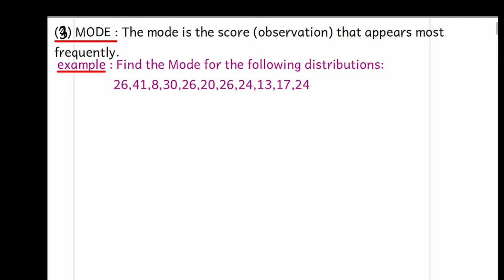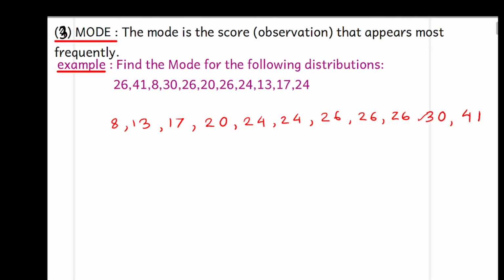First of all, this one also we have to arrange in ascending order, then it will be clear. When we arrange in ascending order, it will be 8, 13, 17, 20, 24, 24, 26, 26, 26, 30, 41.